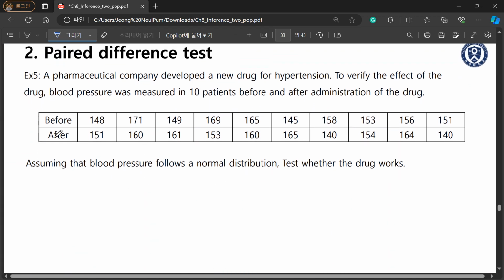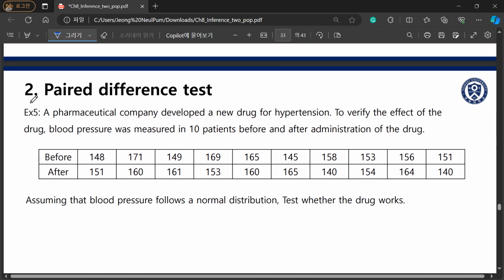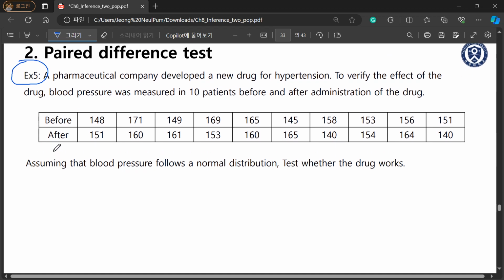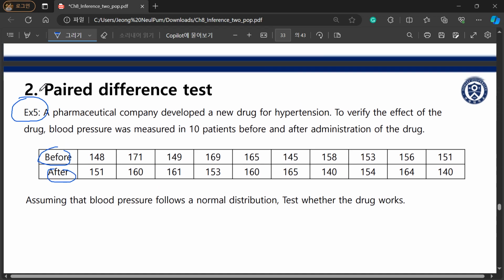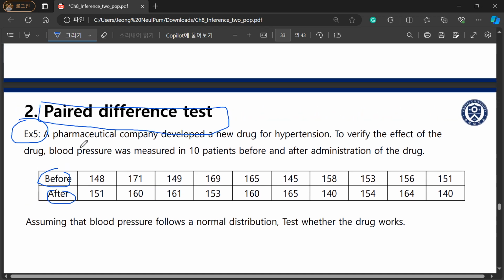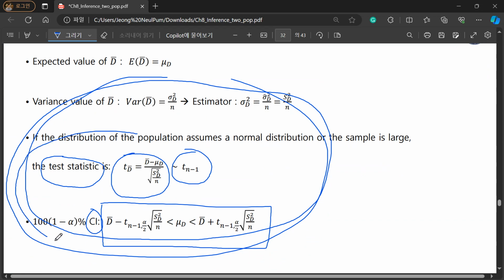So let's go to example number 5. Because we are dealing with before and after data, this is the paired difference test, and we have to use this formula.